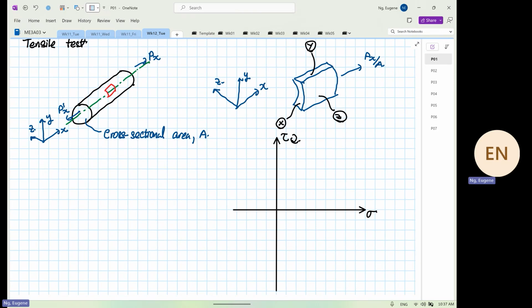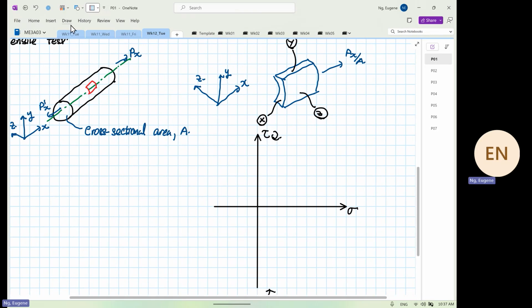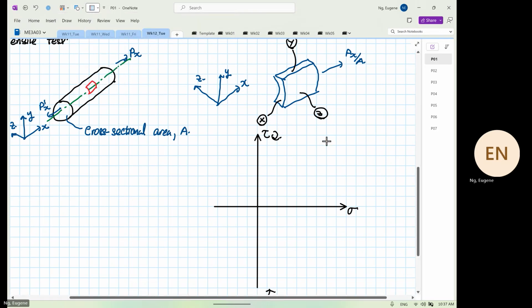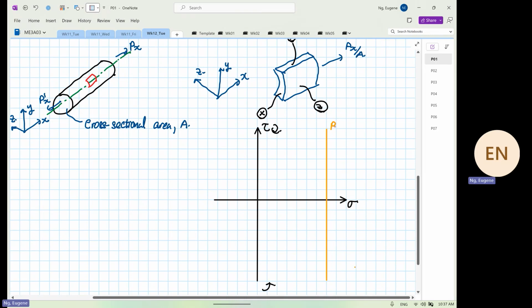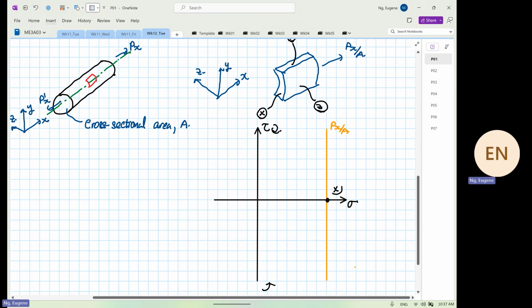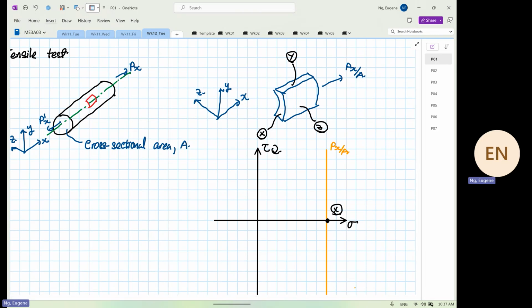Element rotates clockwise. Element rotates anti-clockwise. And at a certain point over here, this line is our Px over A. And we are aware that this is our point X. And our point Y and point Z on the element on Mohr's circle have zero what?